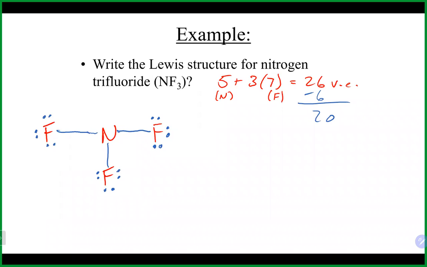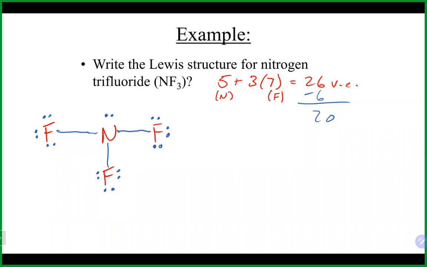Again, they all have 8 on the outside. At this point, I've used a grand total of 24 electrons. I still have 2 more electrons to go. I cannot put them on any of the outside atoms now, so we go to the center atom and put them on there as a pair of dots or electrons. Now that would be 26 electrons.